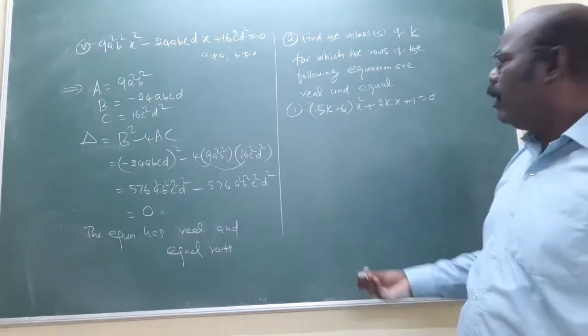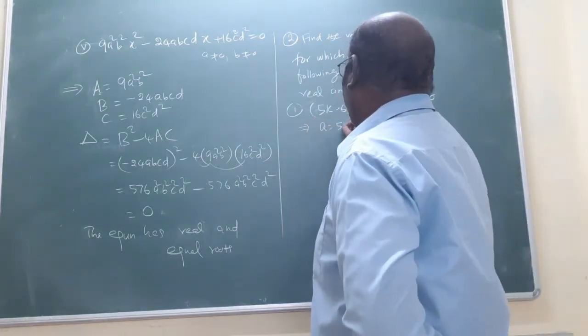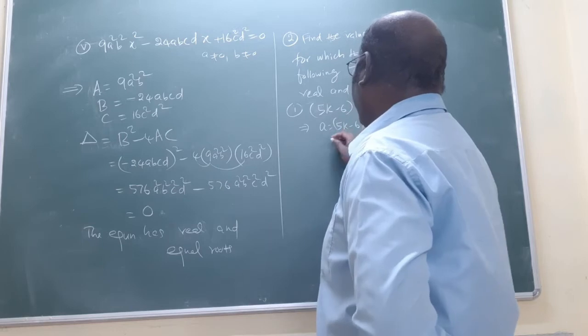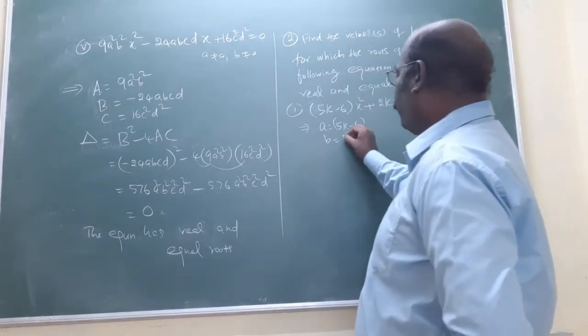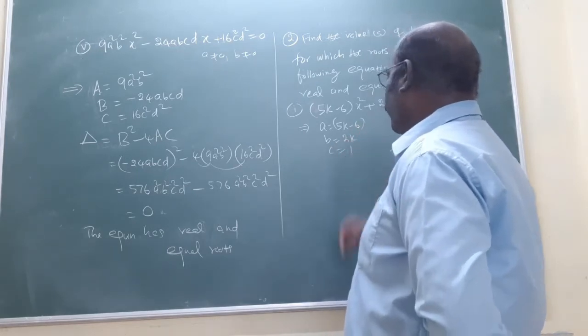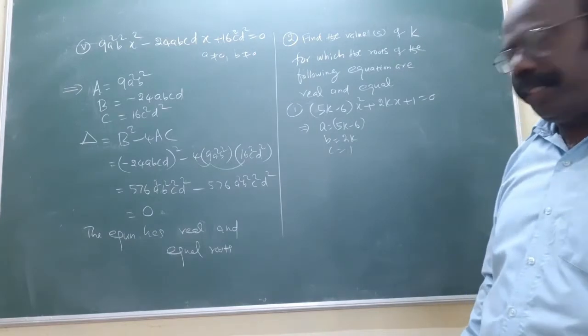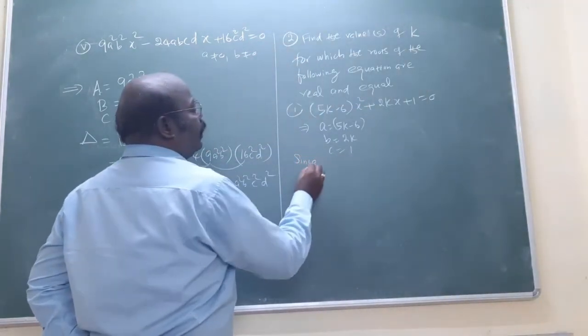K. This is also the same thing only. What I told you, A is 5k minus 6. Am I right? B is 2k. C is 4. In this way, first find the values of A, B, C. Now, what is given?